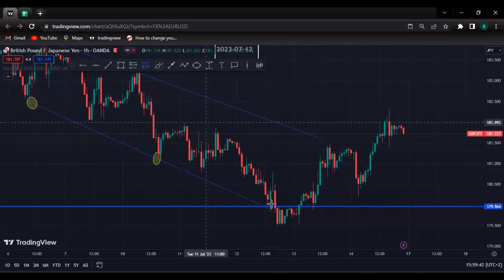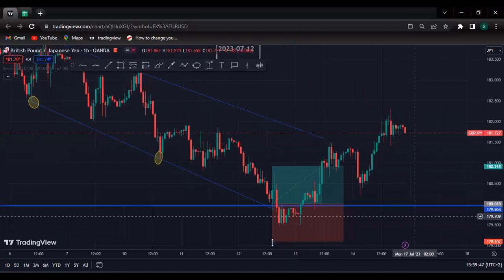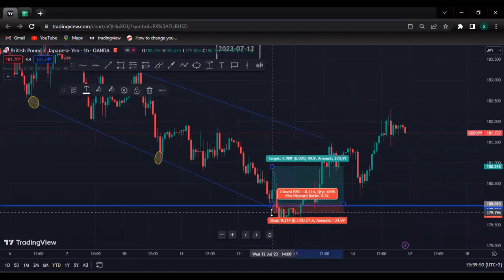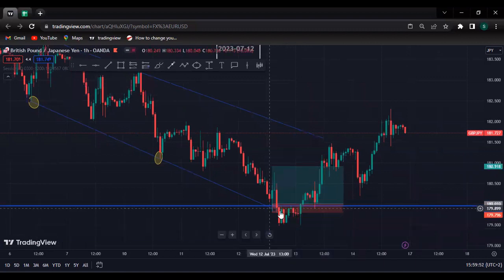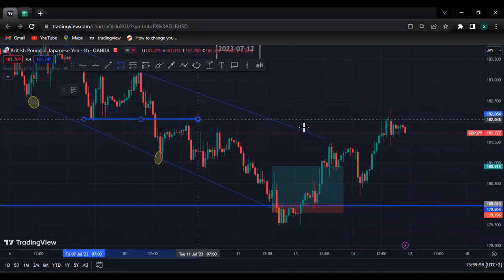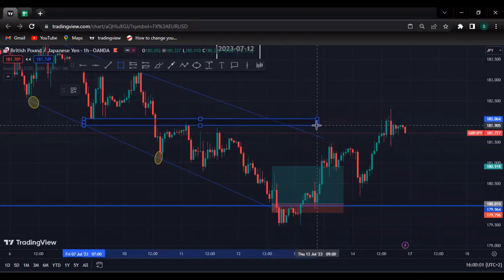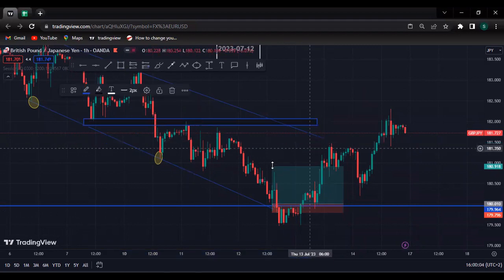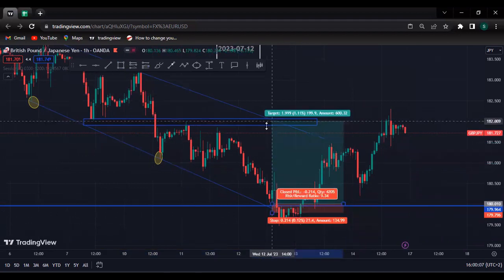What I did was I entered my buys over here with my stop loss just below around about the lows. And then for my take profit, I had seen this previous support turn into resistance over here. Something of this nature. So then my take profit was up here.